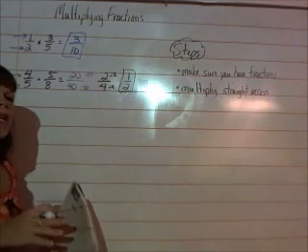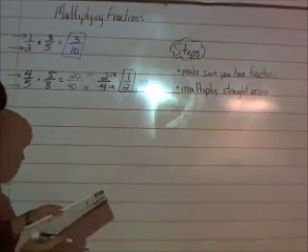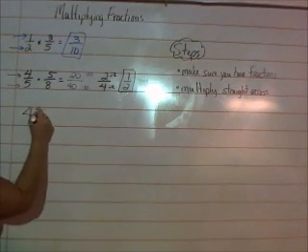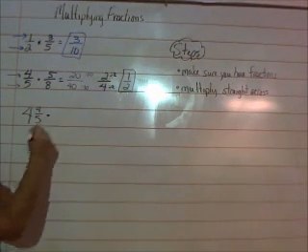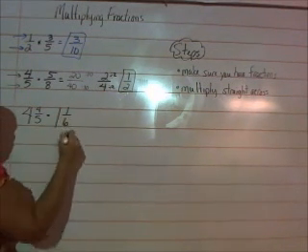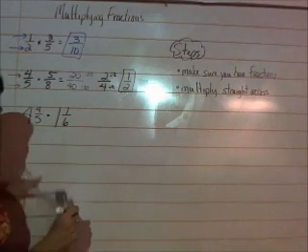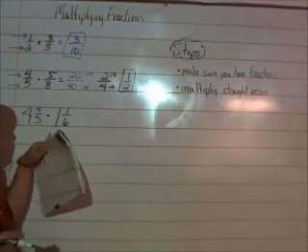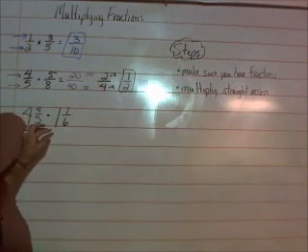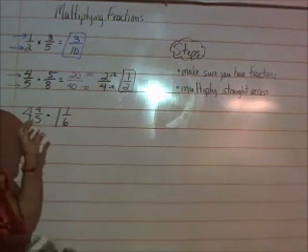Now let's try one that has a mixed number in it. How about 4 and 4/5 times 1 and 1/6? Now when you have mixed numbers and you're multiplying, remember it says to make sure you have fractions. Well, these are fractions, sort of.